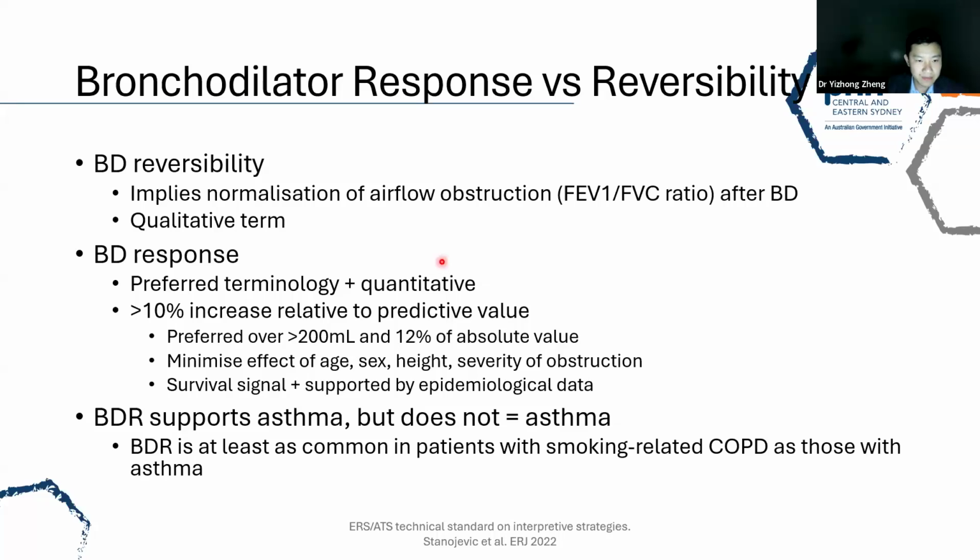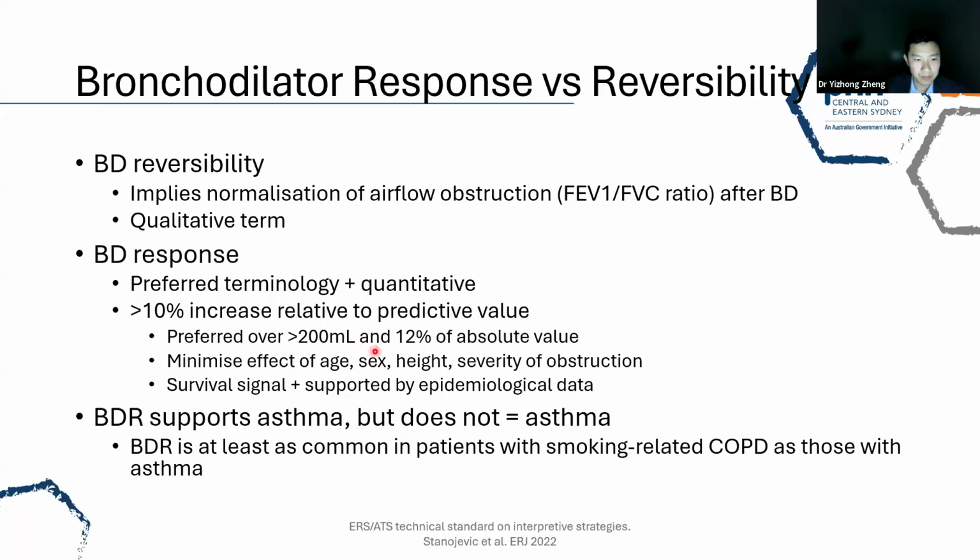So it's a quantitative term, and at this stage, we're using a greater than 10% increase relative to the predicted value. The calculation is actually easier. You just look at the percentage predicted before and the percentage predicted after, and then directly do subtraction. If the post-bronchodilator minus the pre-bronchodilator predicted values is greater than 10%, it's a significant change.